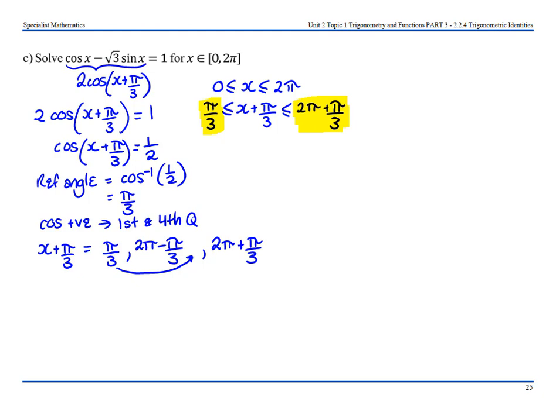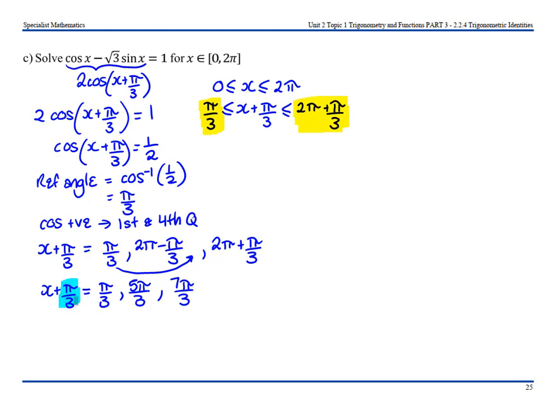So that's another rotation. So now I have x plus pi on 3 equals pi on 3. 2 pi is 6 pi on 3. 6 pi on 3 minus pi on 3 is 5 pi on 3. 2 pi is 6 pi on 3 plus pi on 3 is 7 pi on 3.